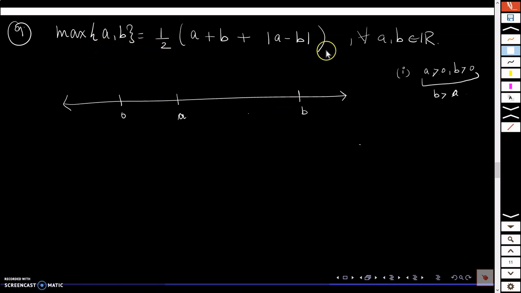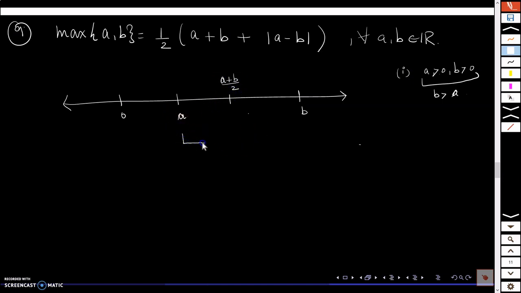So let's try to analyze the right hand side. I have a here and b here, so their midpoint will be exactly in between. I'll put the midpoint somewhere here. This point is nothing but (a plus b) by 2, their midpoint, right?